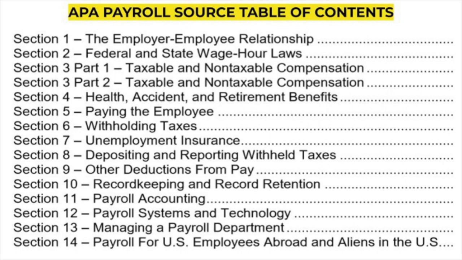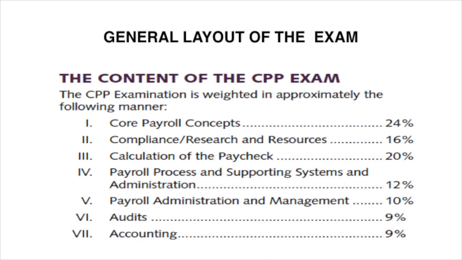Section 11 is payroll accounting, like how to post the payroll transactions into the general journal and then general ledger. Section 12 is on payroll systems and technology, and 13 is on managing a payroll department as a manager. Section 14 deals with the payroll of US employees abroad and aliens in the US.